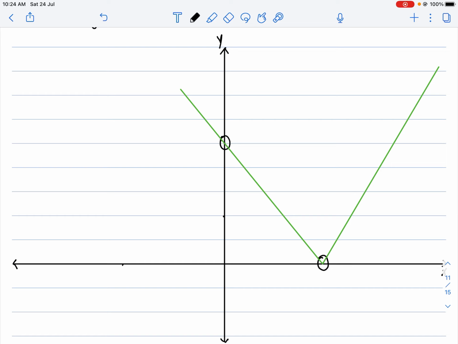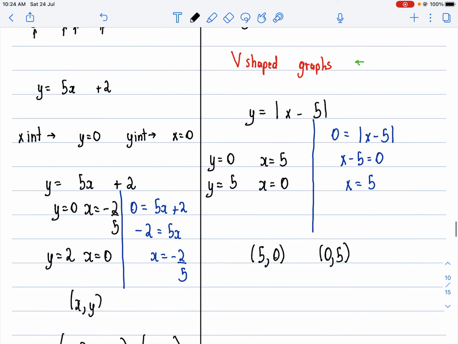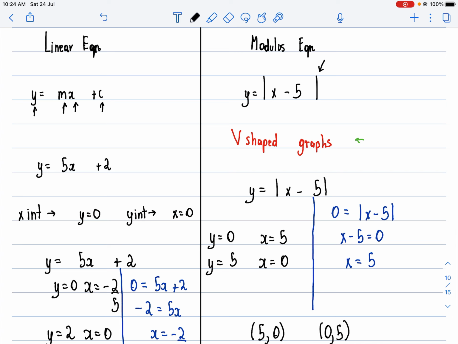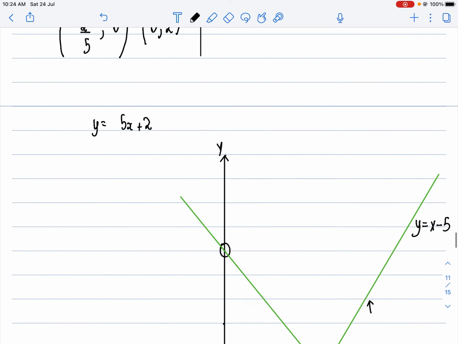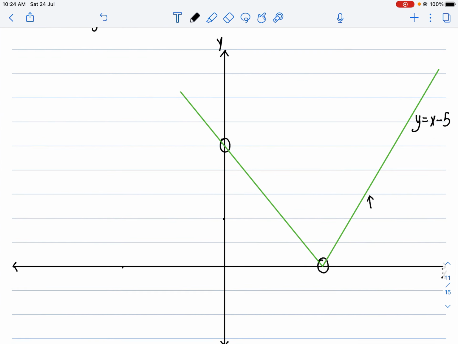Now the right hand side of the graph, okay, is basically y equals to x minus 5. Correct? As it is. Okay, nothing positive, nothing negative. But the left hand side of the graph is y equals to minus of x minus 5, which is basically equal to minus x plus 5.